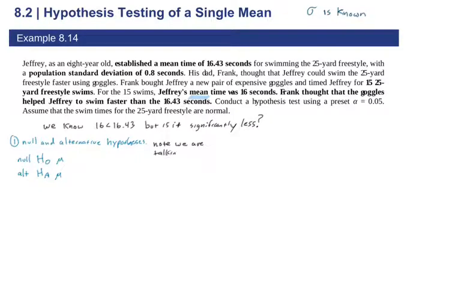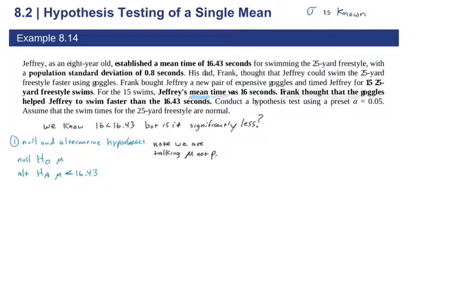So note that we are talking mu, not proportions or even standard deviations, which we'll look at in a bit as well. And we want to know if this mean time is going to be less than 16.43.